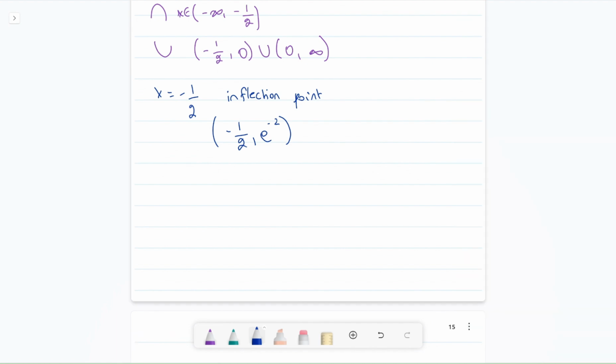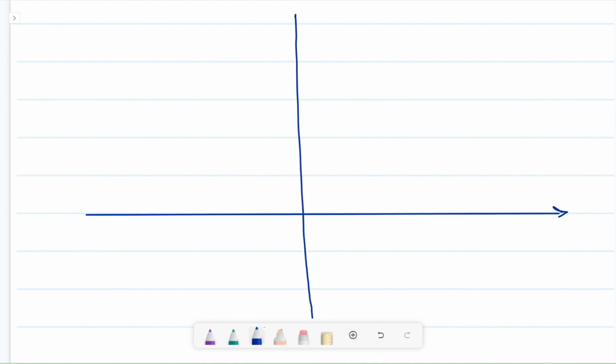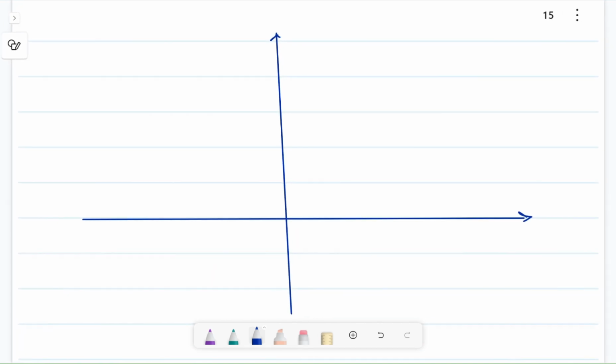Now it is time to actually sketch the curve. So let us do so. First of all, just draw the y and the x axes. And then you can sketch the asymptotes. So we said we have a horizontal asymptote at y equals 1.